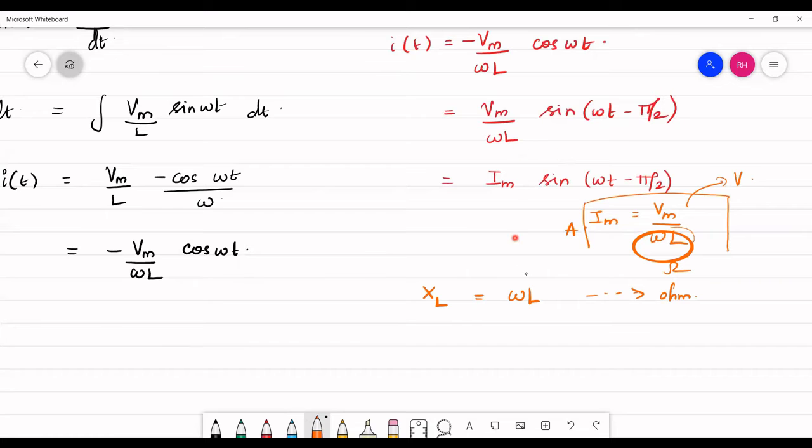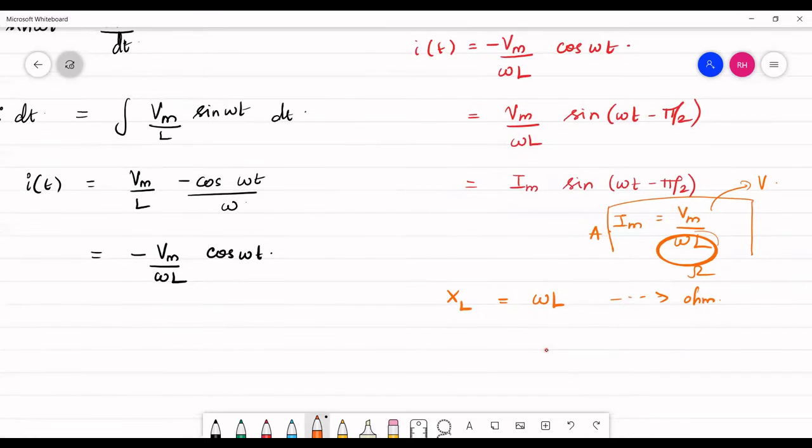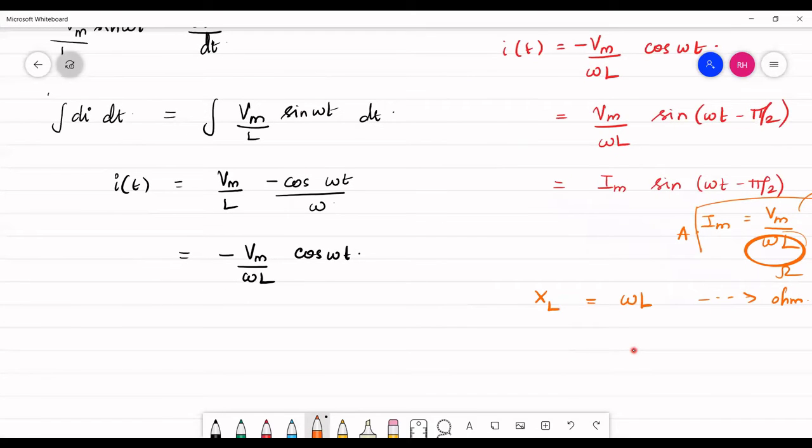Now let us derive an expression for power. Instantaneous power P of t is equal to V of t into I of t.